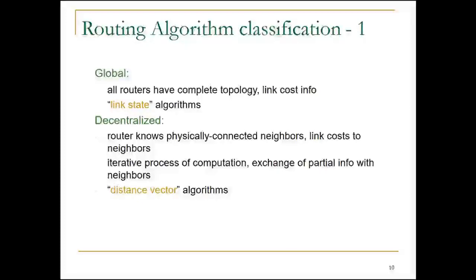Let me go back to global, which essentially revolves around the link state, where every router needs to know the complete topology status or state for a given network that it finds itself in. Link states are very essential to intra-domain network connections. So this is where we look at routing protocols like RIP or Open Shortest Path First, or OSPF.